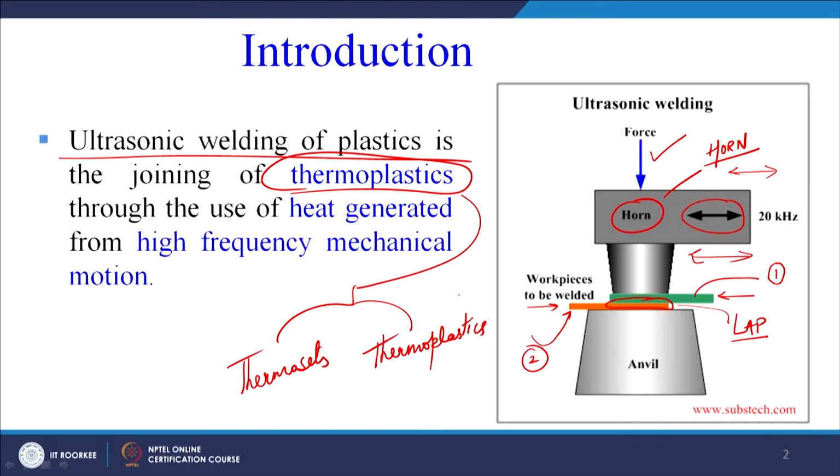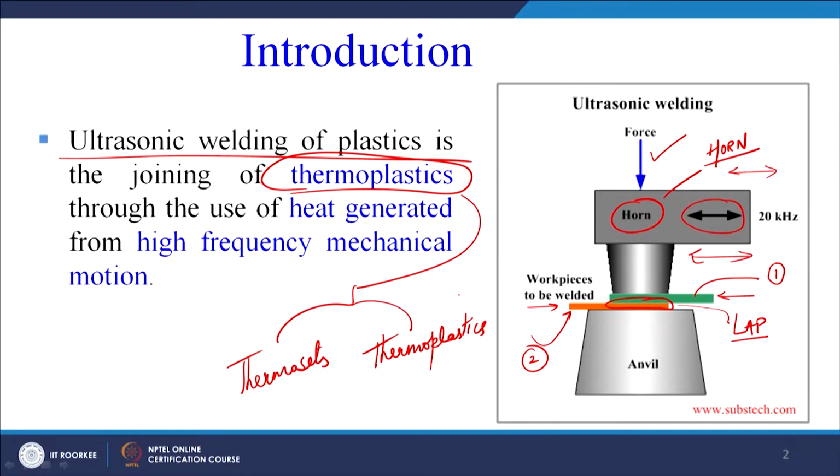And here we have highlighted that ultrasonic joining of plastics is most suitable for joining of thermoplastics. So ultrasonic welding of plastics is the joining of thermoplastics through the use of heat generated by high frequency mechanical motion. There is a mechanical motion between the two adherents, as shown here in this direction. The direction is clearly indicated, and this continuous mechanical motion between the two parts produces a lot of heat.